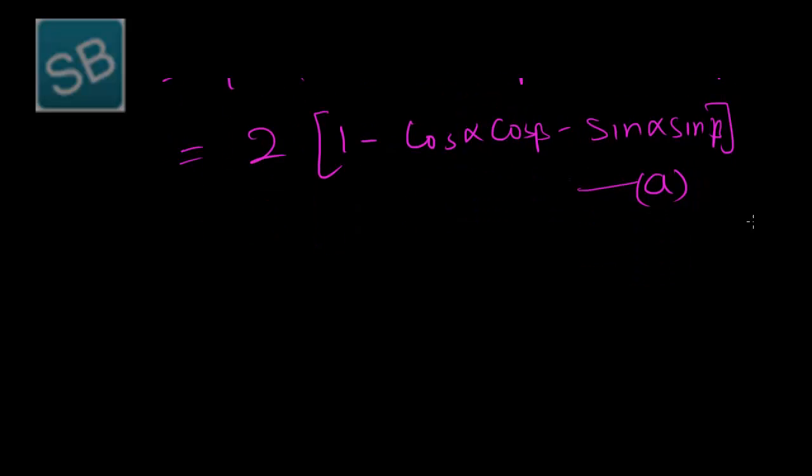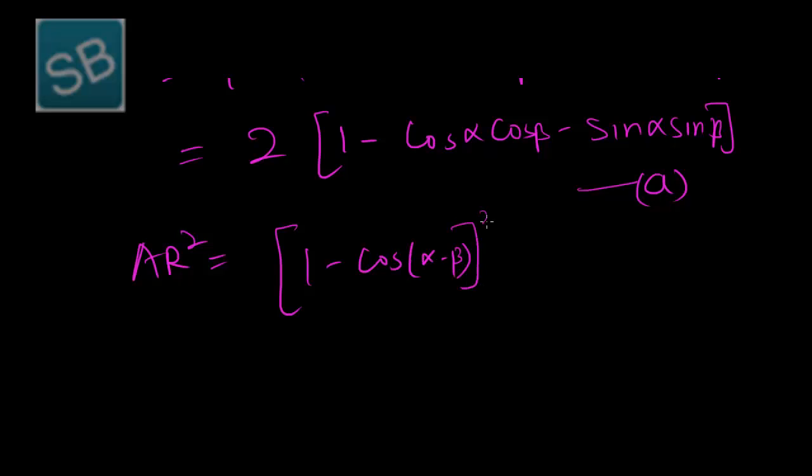Now we have to find AR square. The coordinates of A are 1, 0 and the coordinates of R are cos of alpha minus beta and sin of alpha minus beta. So it becomes 1 minus cos of alpha minus beta whole square plus 0 minus sin of alpha minus beta whole square.